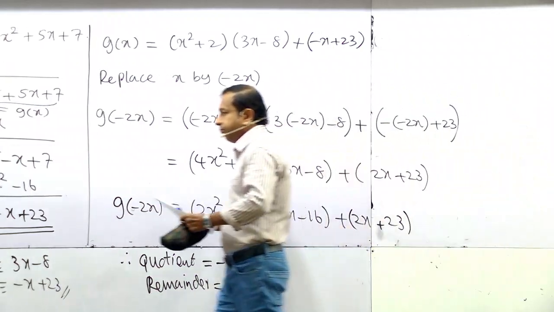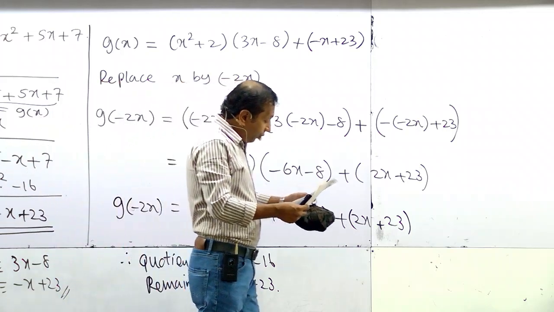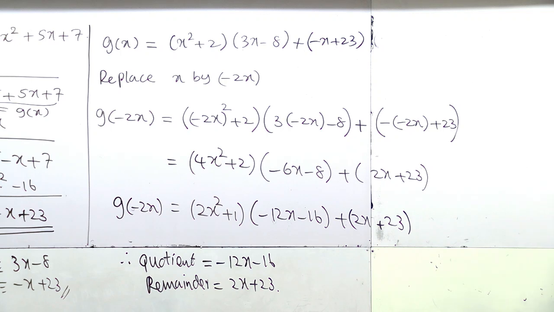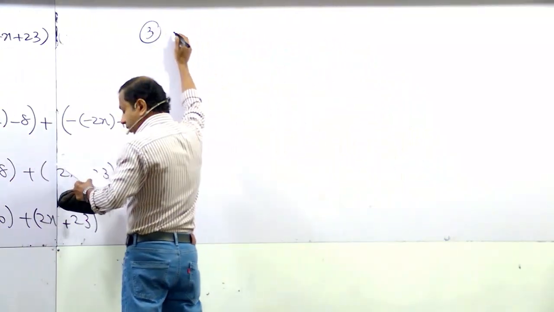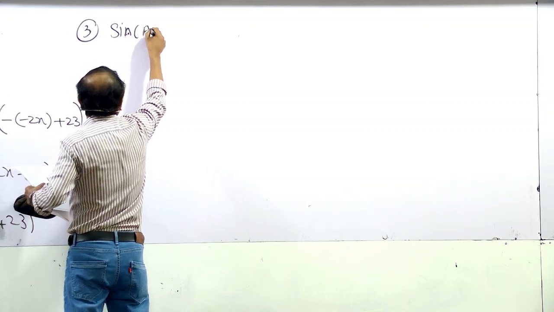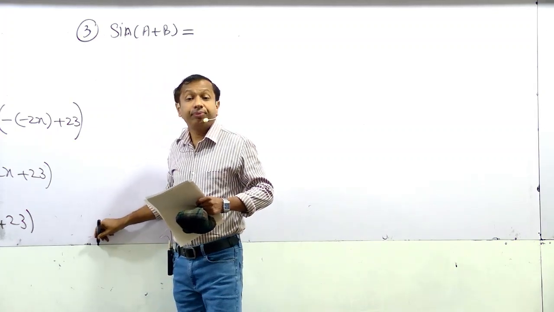Right, this is: write down sin A plus B and cos A plus B in terms of sin A, cos A, sin B, cos B. Right, tell me what is the sin A plus B formula?